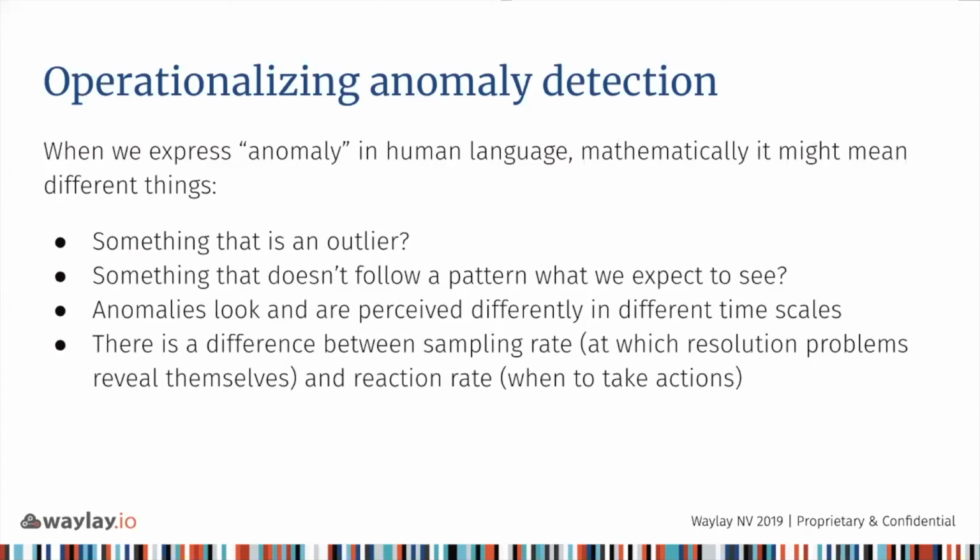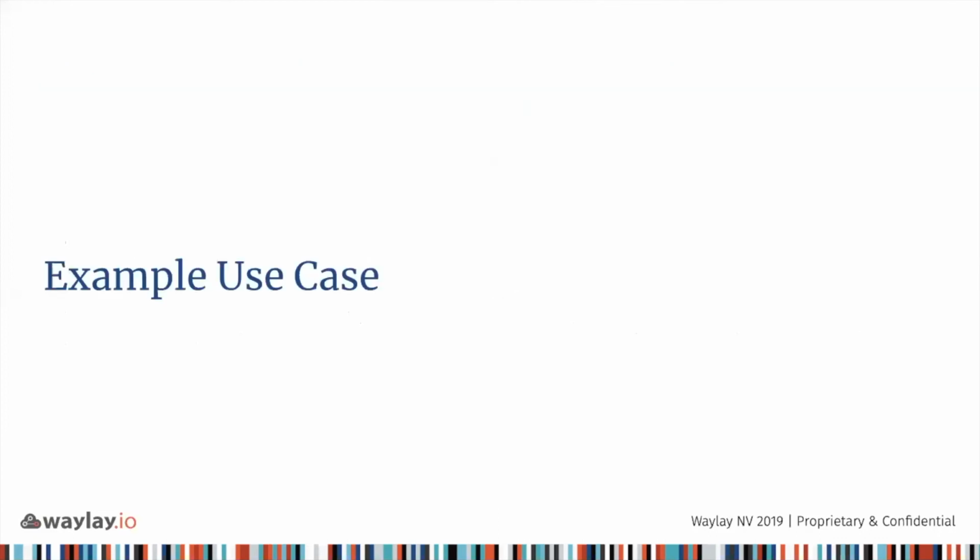So it's very important to understand the context in which you're trying to apply your anomaly detection algorithm, and those are the kind of questions that pop up when you start thinking about operationalizing the idea that you have around anomaly detection. That's a bit high level, I truly understand that. So let's apply it to a specific use case, and you'll see how we address that use case within the Waylay platform.